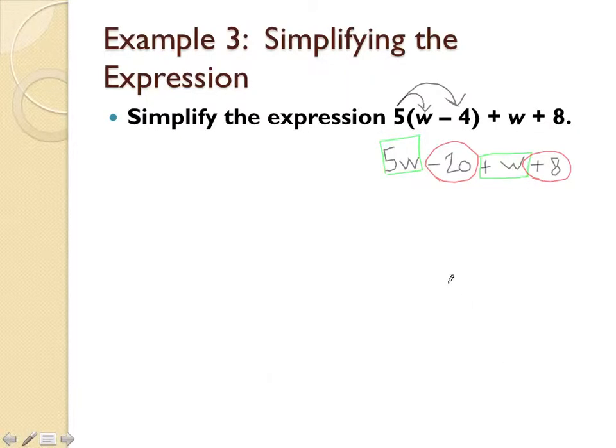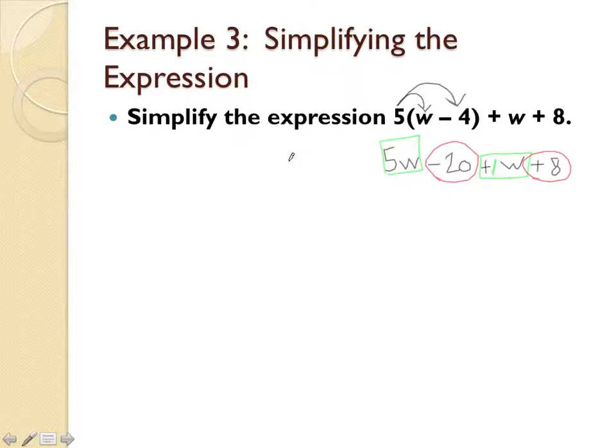Now since every term has a color, I can go ahead and start my adding. Remember, adding because I'm combining like terms. Off to the side here, I'm going to look for the coefficients in my terms that have variables. I have positive 5, and look right here, this is positive w. Remember that understood 1. If you don't see it, add it in there so you remember.